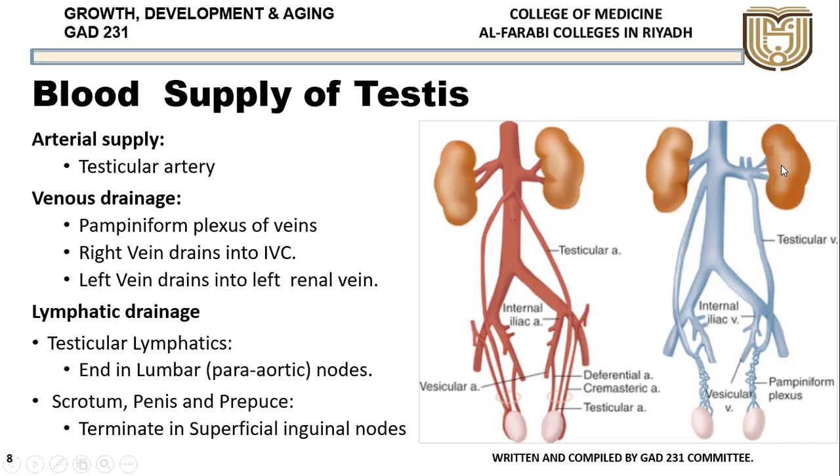The vein draining the kidney is called the renal vein; renal means kidney. This is the difference between right and left in the veins. The arteries are the same, both from the abdominal aorta, but the venous drainage is different.